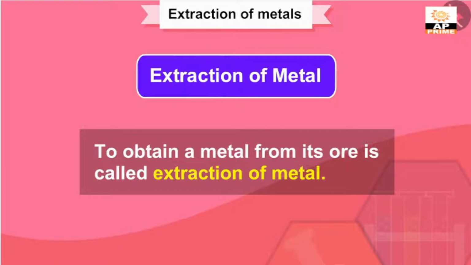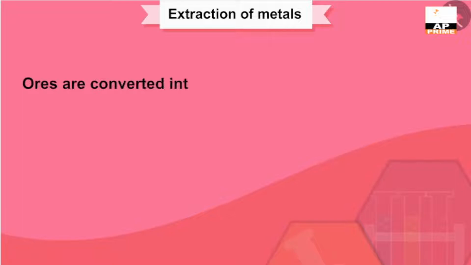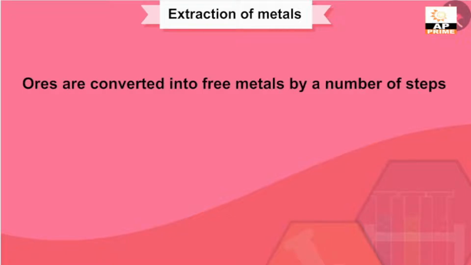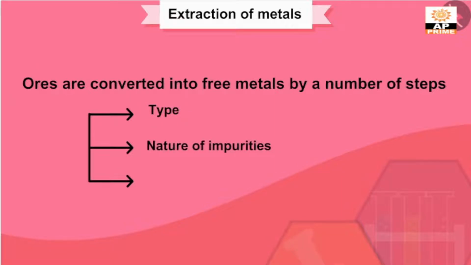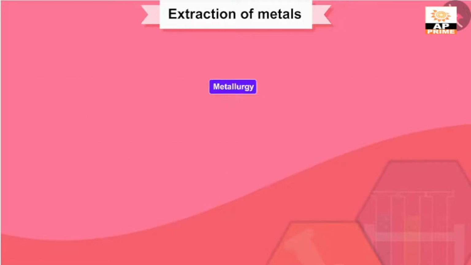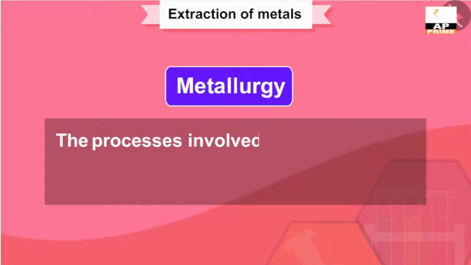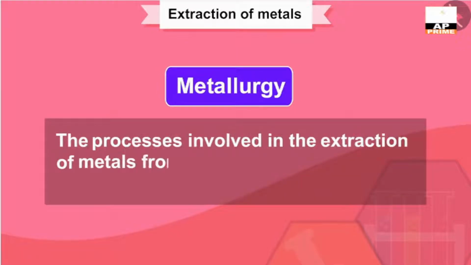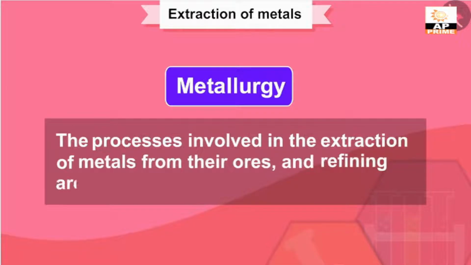Now children, ores are converted into free metals by a number of steps, which depend on the type of the ore used, nature of the impurities, and reactivity of the metal to be extracted. The processes involved in the extraction of metals from their ores and refining are known as metallurgy.